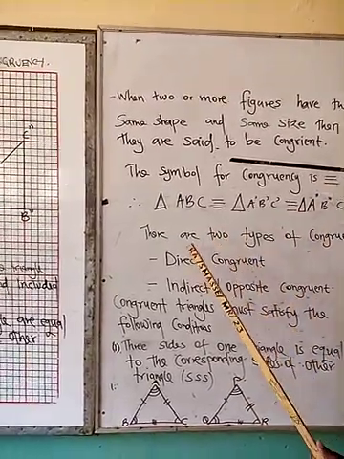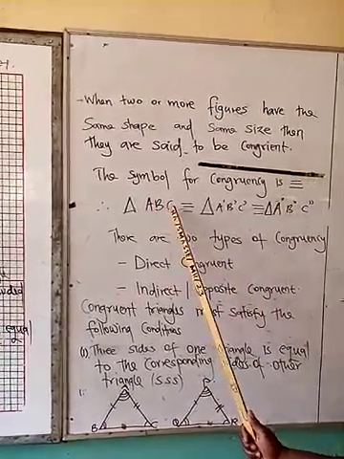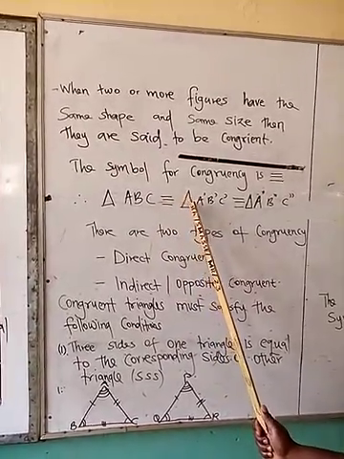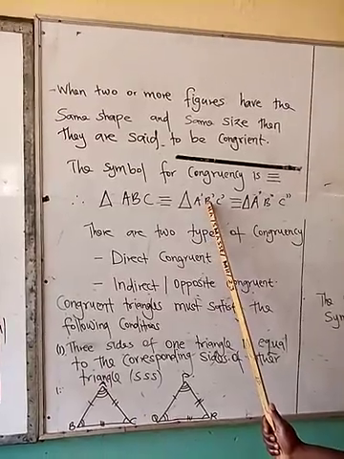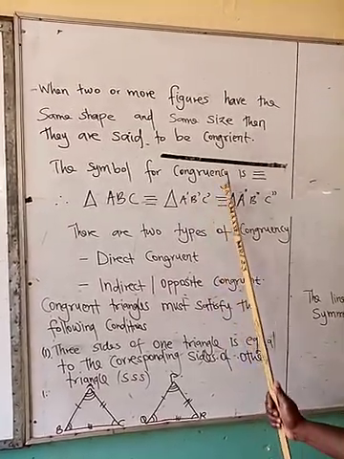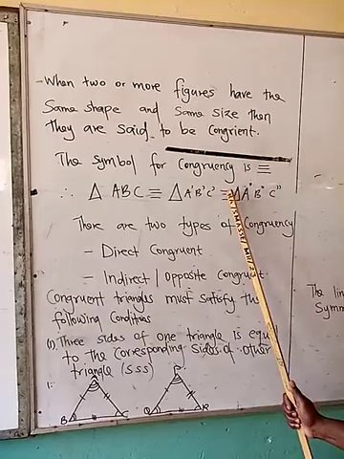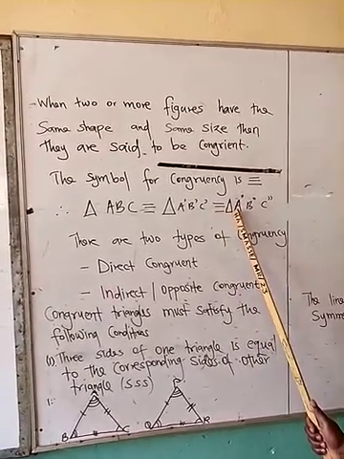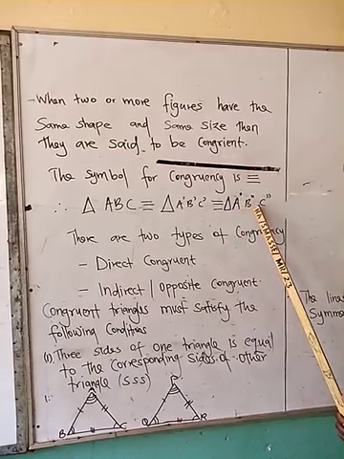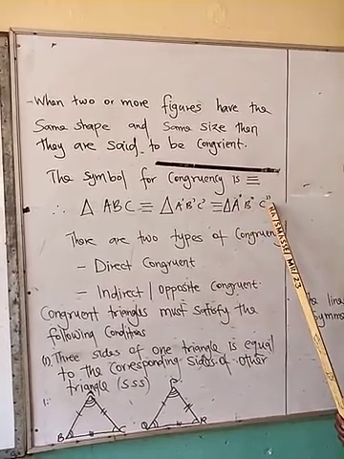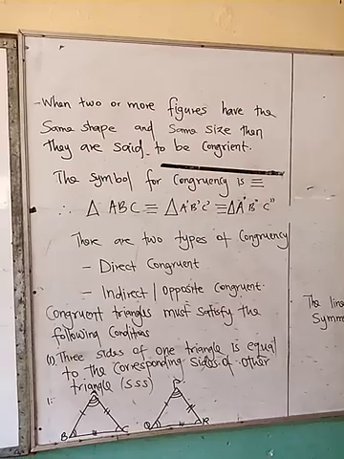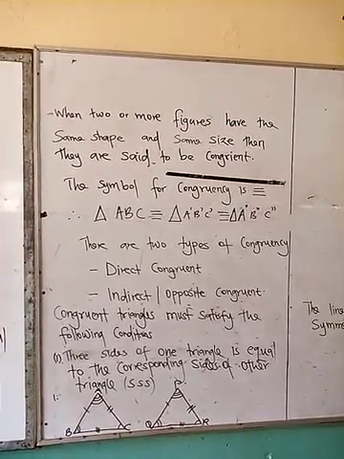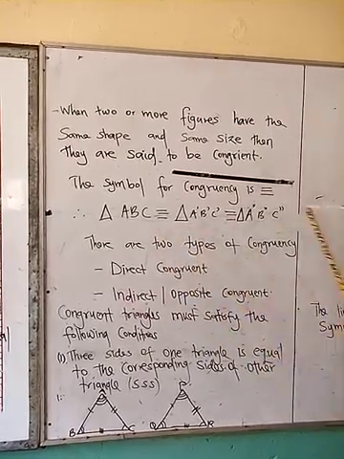So we can say triangle ABC is congruent to triangle A prime, B prime, C prime, which is also congruent to triangle A double prime, B double prime, and C double prime. The three triangles are congruent.